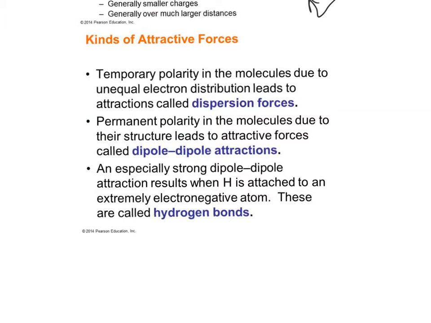Now I'm going to give just a quick overview. We're going to learn about some different forces of attraction. We have dispersion forces, dipole-dipole attractions, and hydrogen bonds. And then we'll also see one more later called a dipole-ion or ion-dipole interaction.